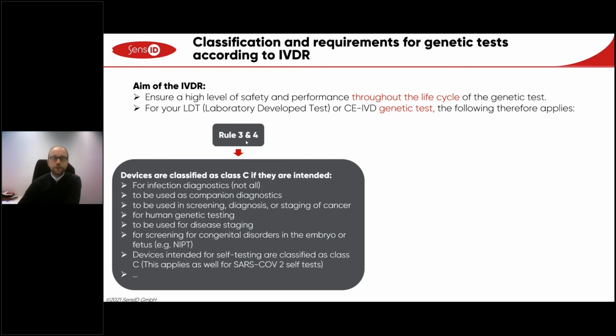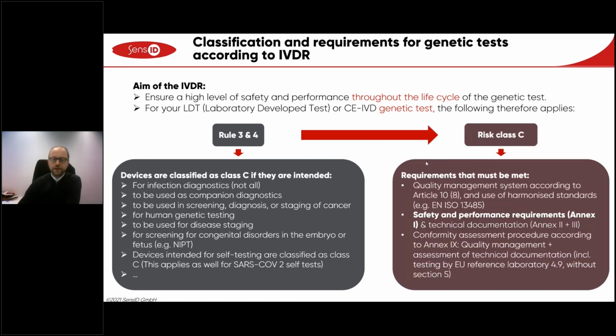It's namely rule number 3 and 4, and there you can see that devices are classified as class C if they are intended for specified purposes, like for infection diagnostics, of course not all, but to be used as companion diagnostic and many other things. By the way, as this is the current situation and was already a question, devices intended for self-testing, like SARS-CoV-2 self-tests, are also classified under the IVDR as a Class C device.